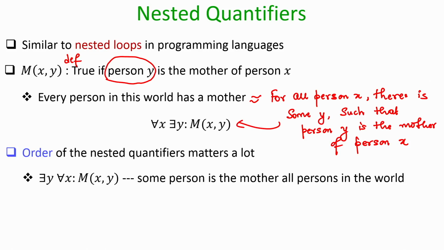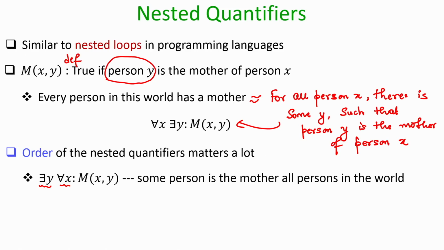Now, when you are dealing with nested quantification, the order of the quantification matters a lot, because if you change the order, then the logical interpretation of the statement changes completely. For instance, if I write the expression there exists y for all x M(x, y), then the interpretation is that there is some person y such that all the x are related to that y, namely the same y is the mother of all persons x in the world.